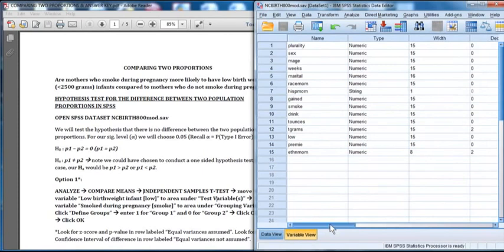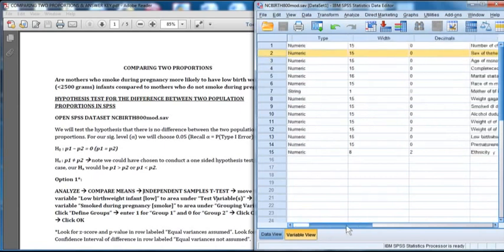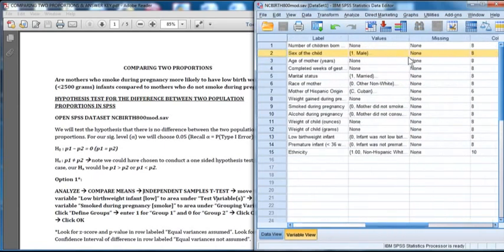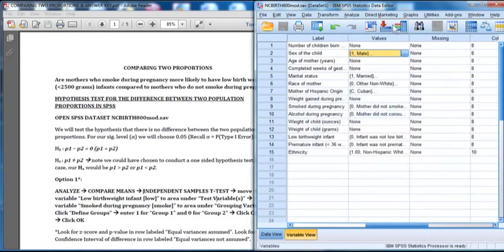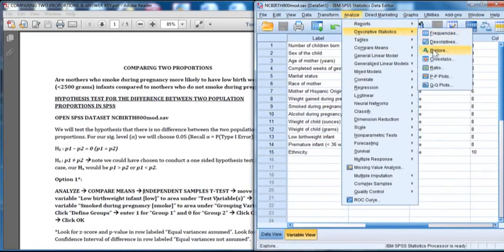So, for example, if we were to look at sex of a child, the value, if you see, is coded as male, female. So if we were to ask SPSS to calculate the mean for this variable, it would not equal the proportion designated by 1. Now I can show you that here.